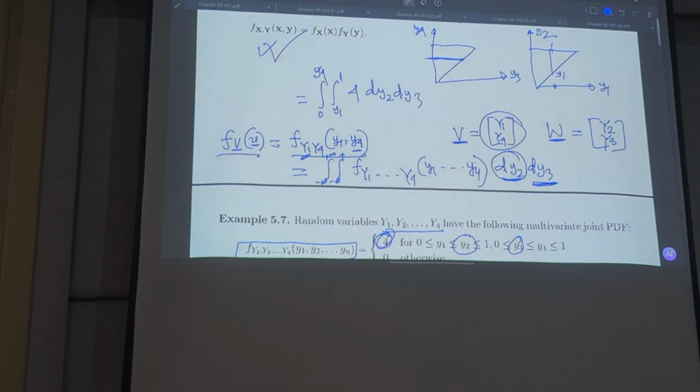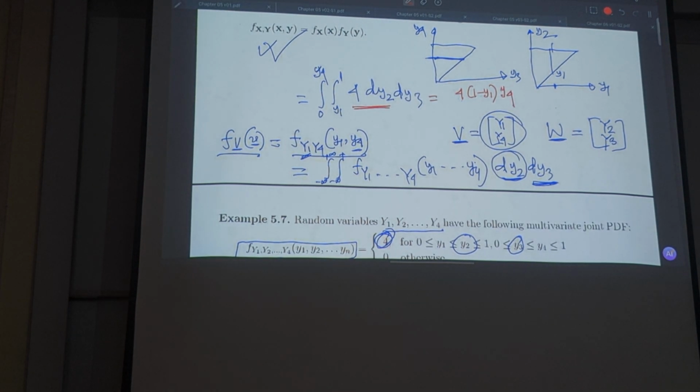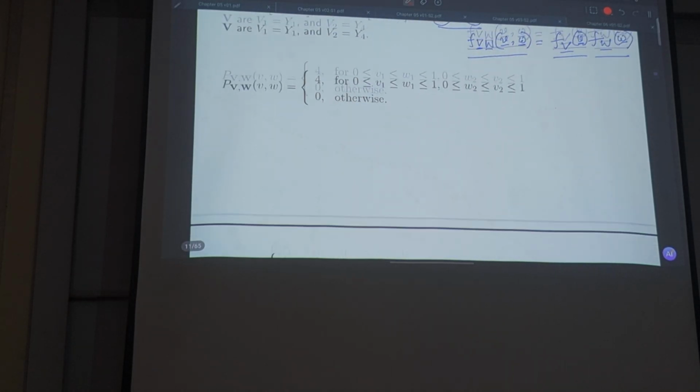And it will be equal to 4 into 1 minus y1, and when we integrate with respect to y3, we get y4. So it will be 4 times 1 minus y1 times y4. Let us check.